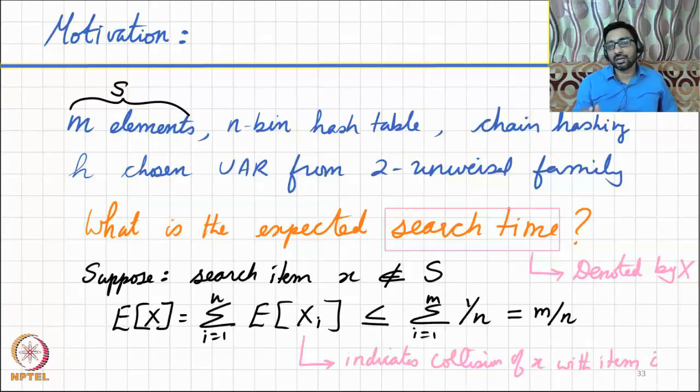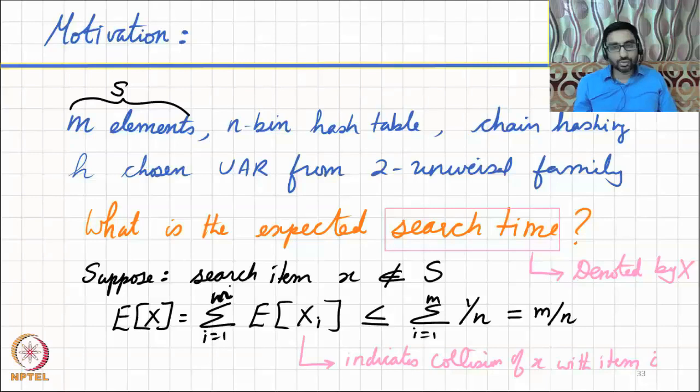Let's denote the search time by the random variable X. E of X is going to be the summation over i of E of X_i, where X_i is an indicator random variable that denotes the collision of the search item x with the item i in the dictionary. And just to be clear, the summation must go from i equal to 1 to m.